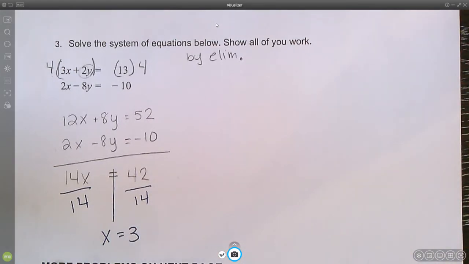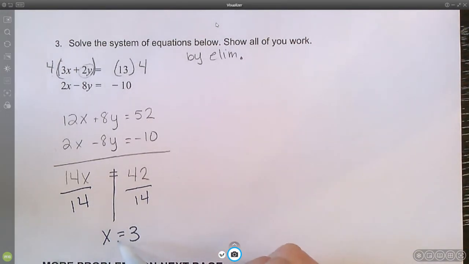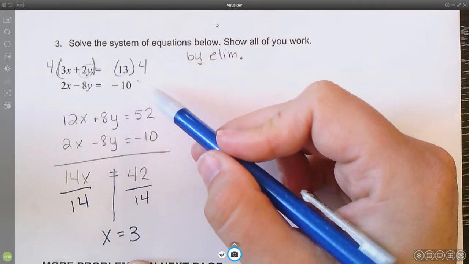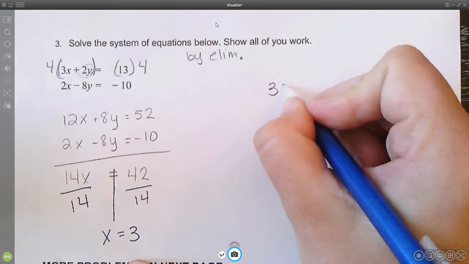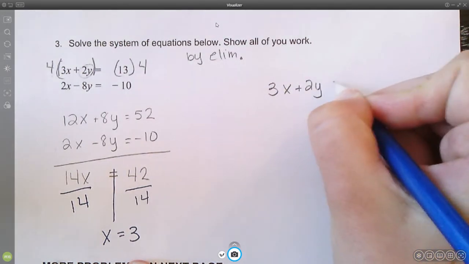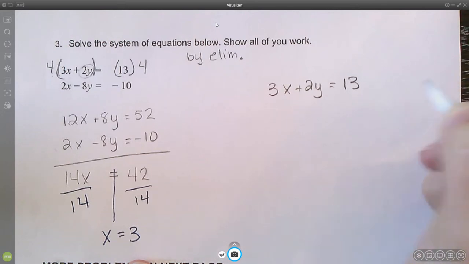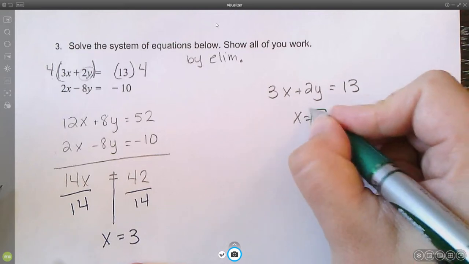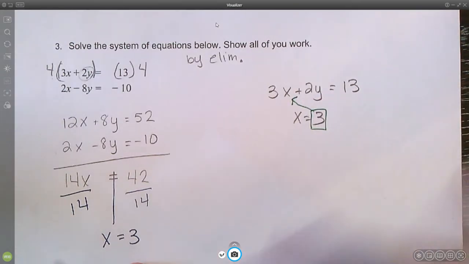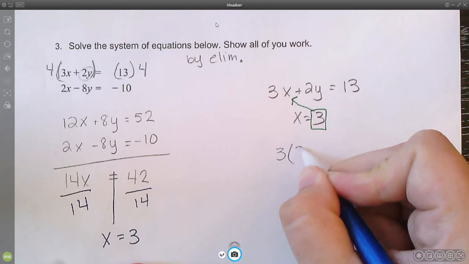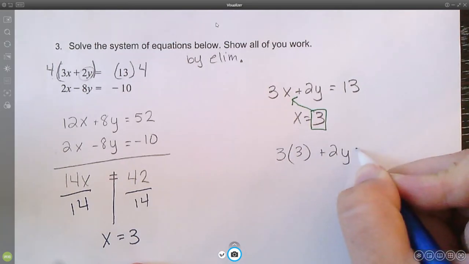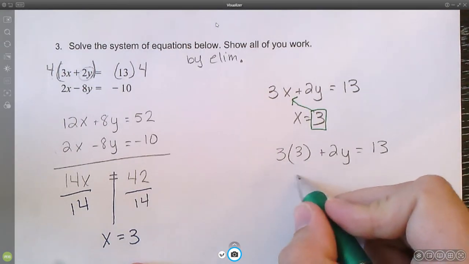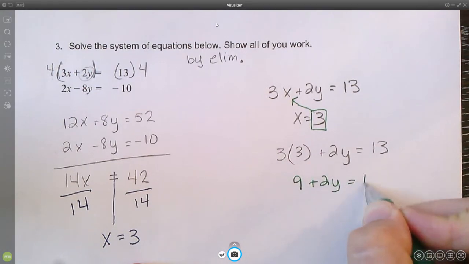So we did the elimination part. Now we need to take this x and substitute it back in. Again, it doesn't matter if you pick the top equation or the bottom equation. I'm going to pick the top one. So we have 3x plus 2y equals 13. And we know that x equals 3. So we are going to take this 3 and plug it in for that x. So we are going to have 3 times 3 plus 2y equals 13. 3 times 3 is 9 plus 2y equals 13.